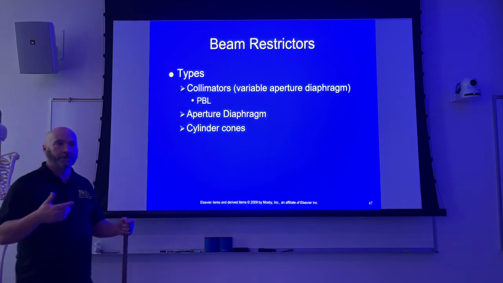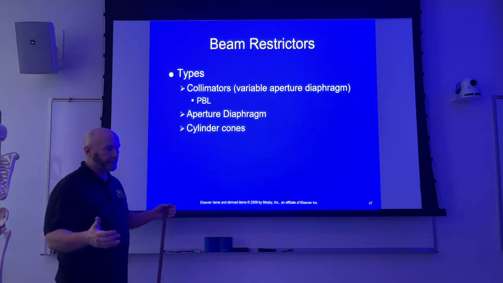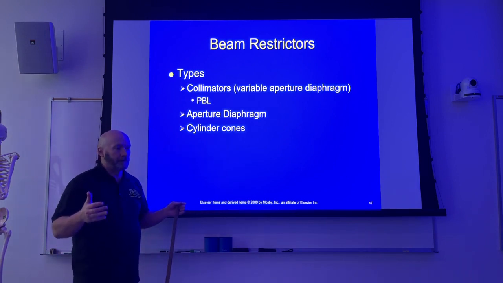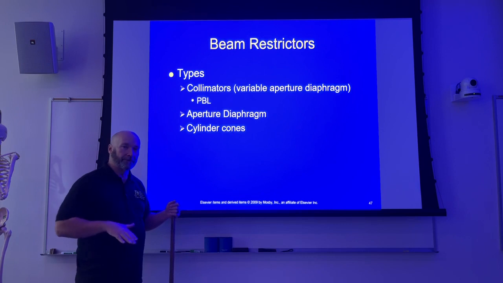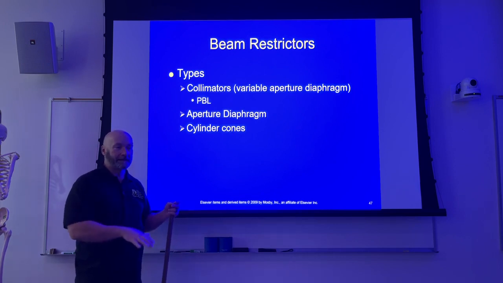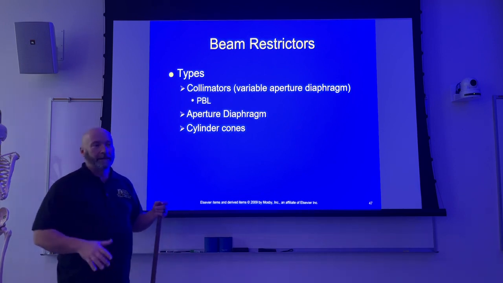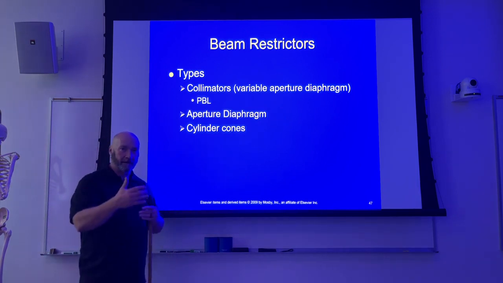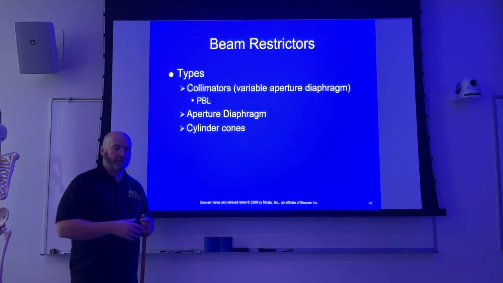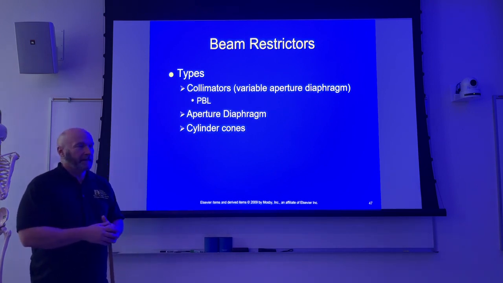So when we use different sizes of films, what the Bucky tray had in it were detectors, so that whenever you put a film size or a cassette size inside of that Bucky, it would detect the cassette size and it would automatically collimate down to the size of the cassette. It's really, really nice.